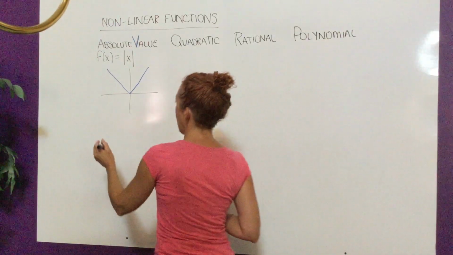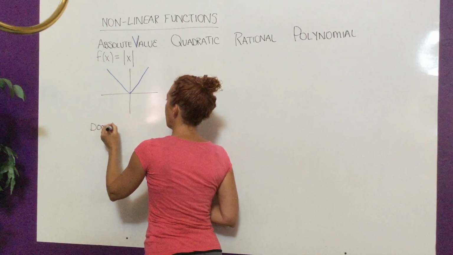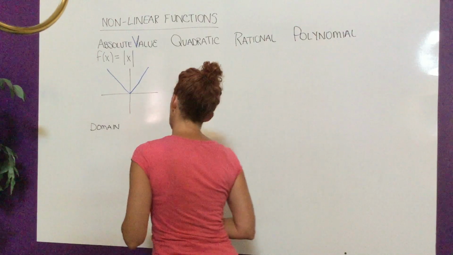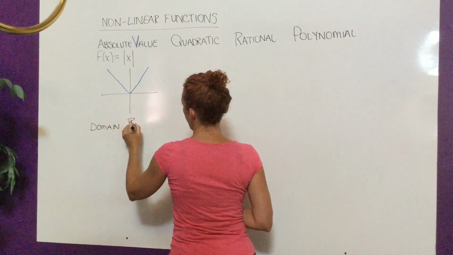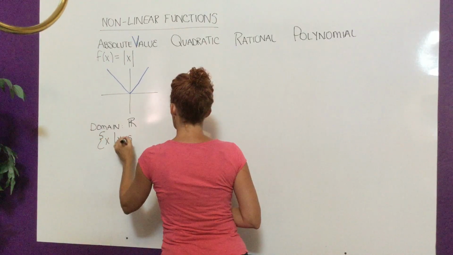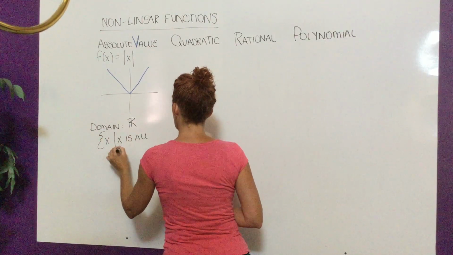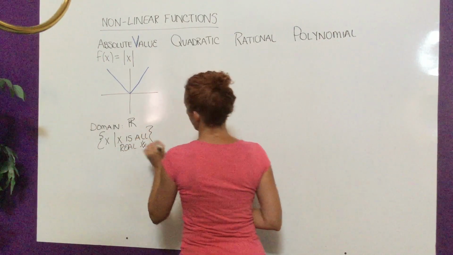And the domain of an absolute value function is all real numbers. So you can write it like this, or if needed, they would spell out the word numbers.